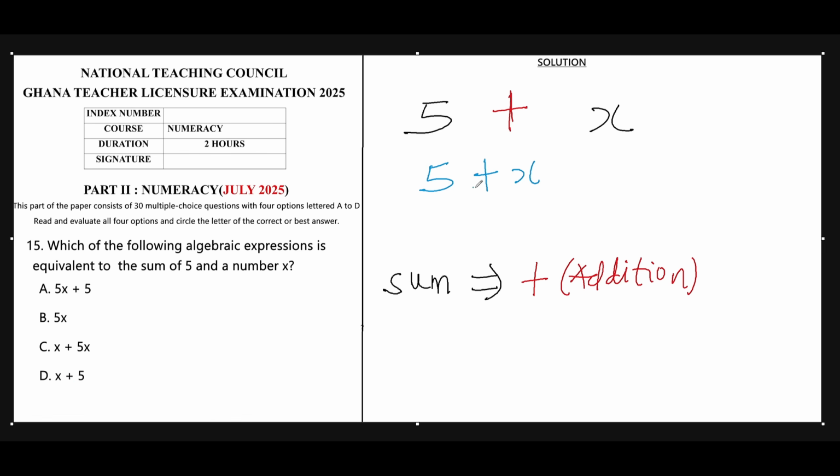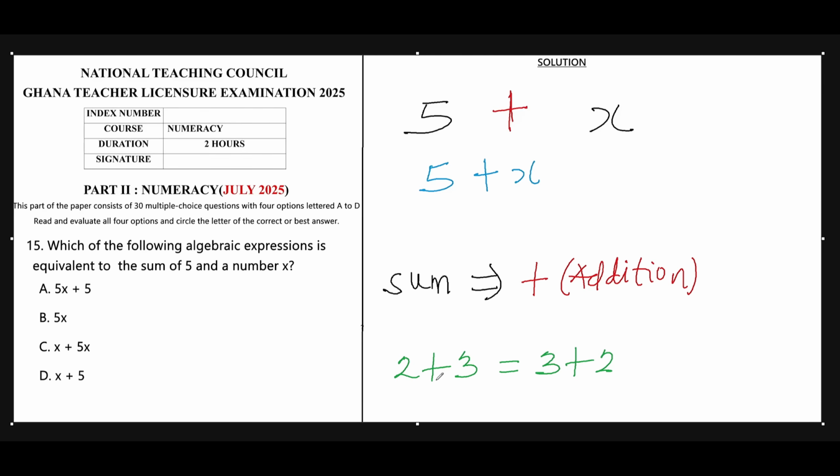But one thing is for sure, that is addition is commutative. When we say addition is commutative, then it means that, for example, we know that 2 plus 3 is the same as 3 plus 2.